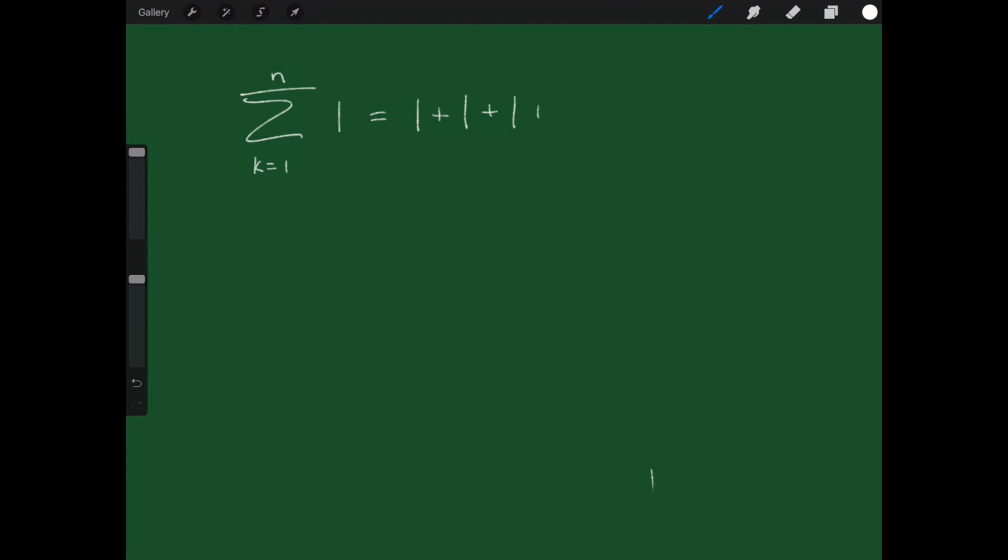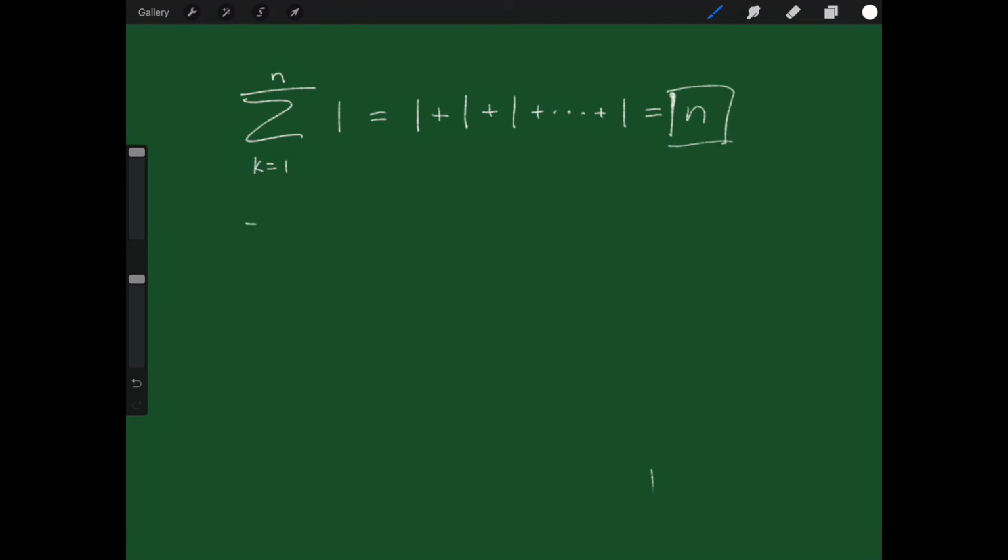And how many times am I going to add up 1? Until I get to n. So I add it up n times. And what's 1 plus 1 plus 1 plus 1 n times? It is n. So the sum k going from 1 to n of 1 is just n. Okay? So n is the answer.